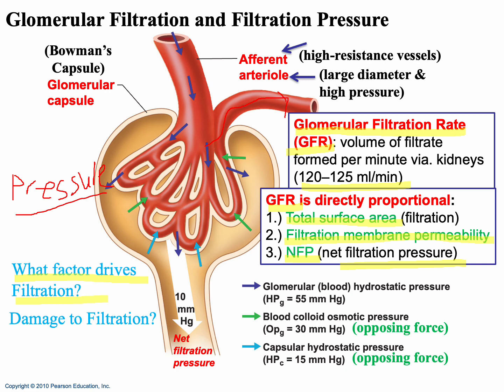And then the bottom question here, damage to the filtration. If there is damage to the filtration available, it's possible that you could see blood in the urine. You could see plasma proteins. And if you're seeing blood, we could be talking about some form of kidney injury, kidney trauma. So definitely not a good situation there for sure.